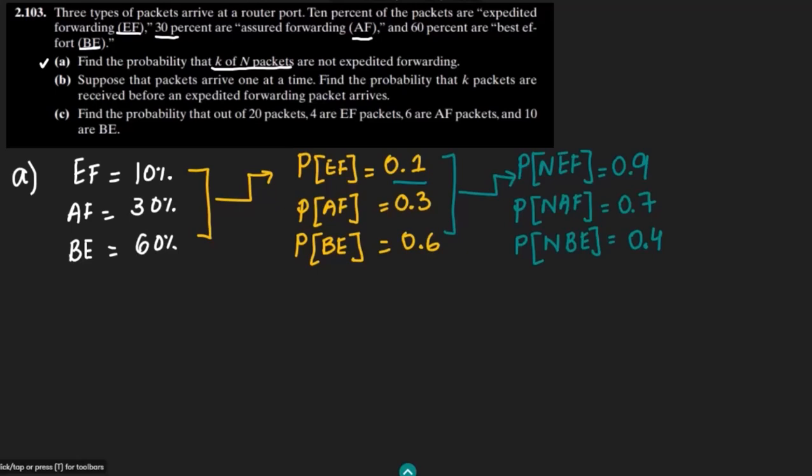So it is clearly the binomial probability law, and we can easily find this probability, because we have all the probabilities of expedited and no expedited forwarding.